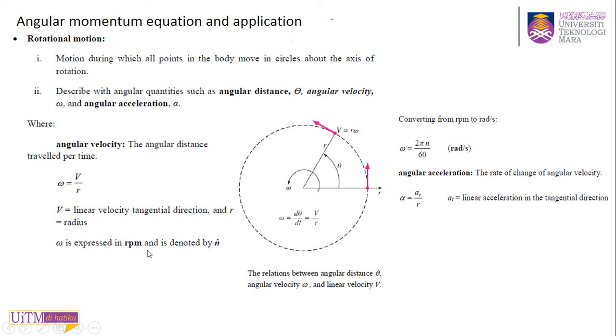So it's per minute, and it is denoted by n dot. So that is your angular velocity, the angular distance traveled per time.